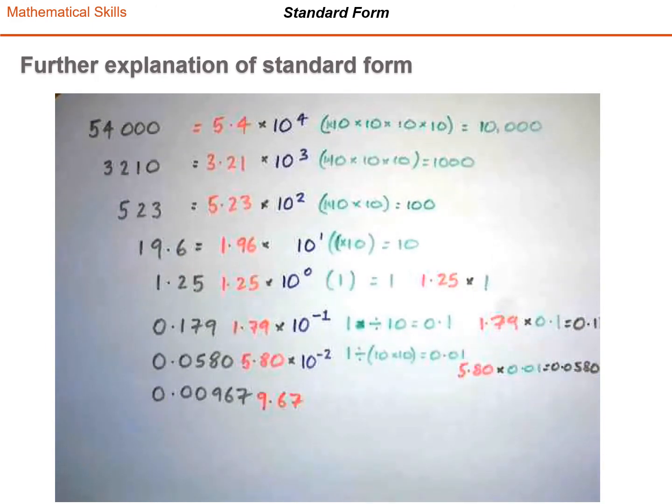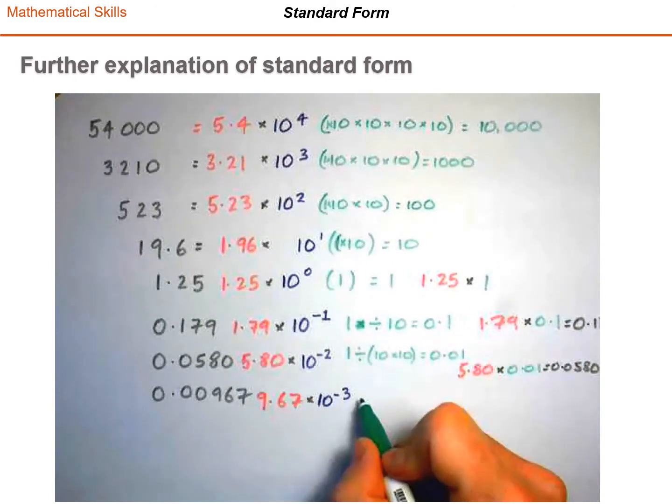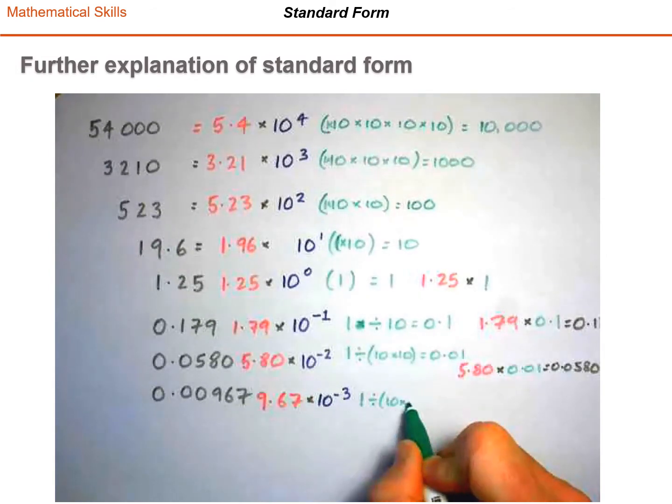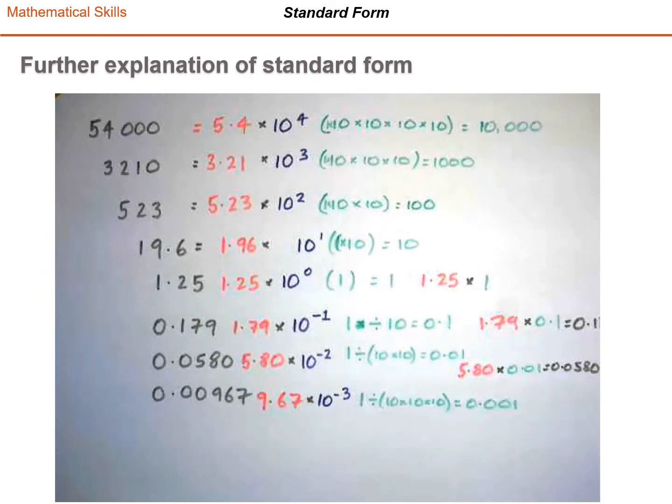We're multiplying that here by 10 to the minus 3, and we understand that to be 1 divided by 10 times 10 times 10, which gives us 0.001, and so we can then write that there as 9.67 multiplied by 0.001, and that gives us an answer of 0.00967.